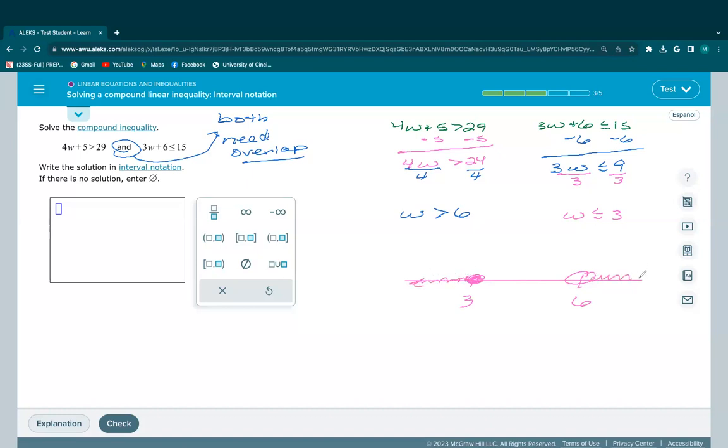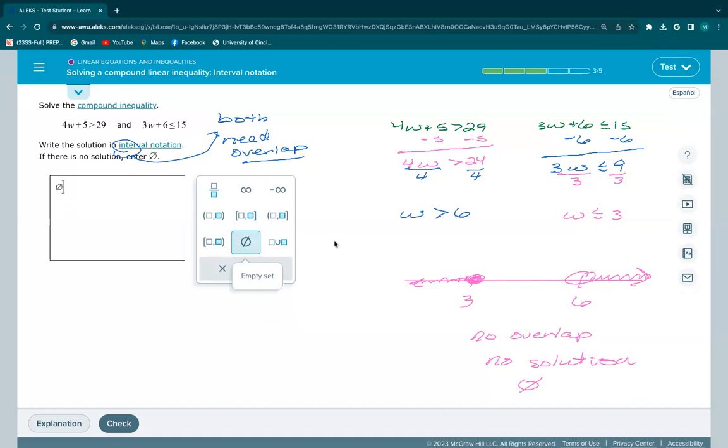W is greater than 6. So this is what, there is no overlap. So this is going to be no solution, which is also called the empty set, the circle with the line through it. So that's what we're going to choose.